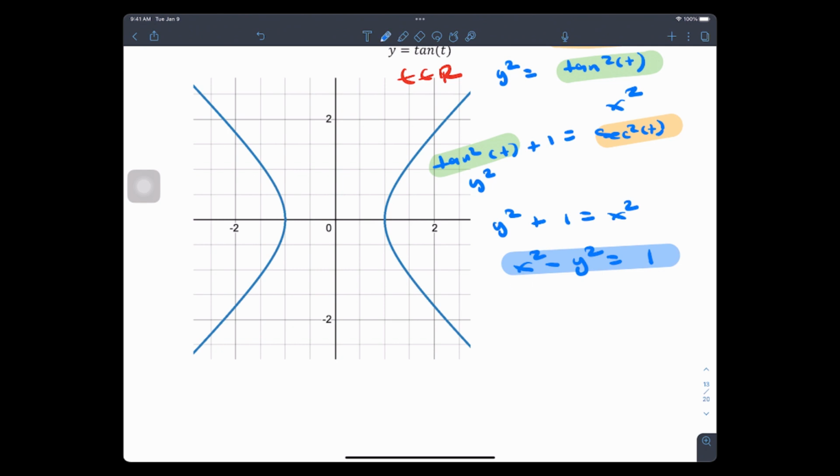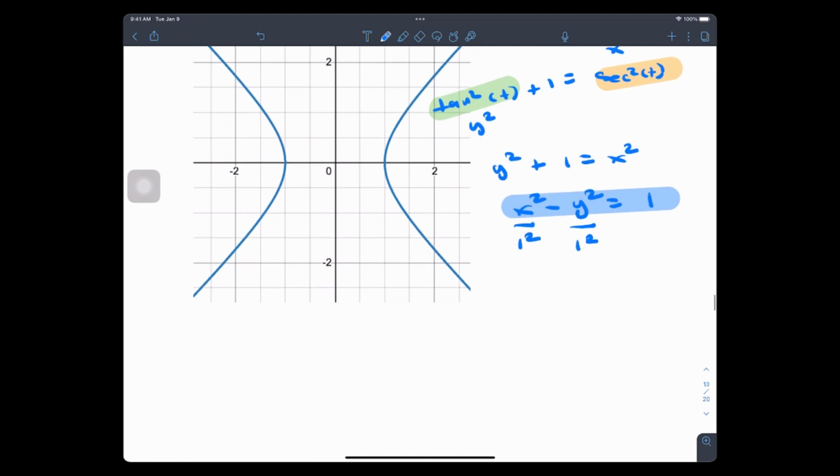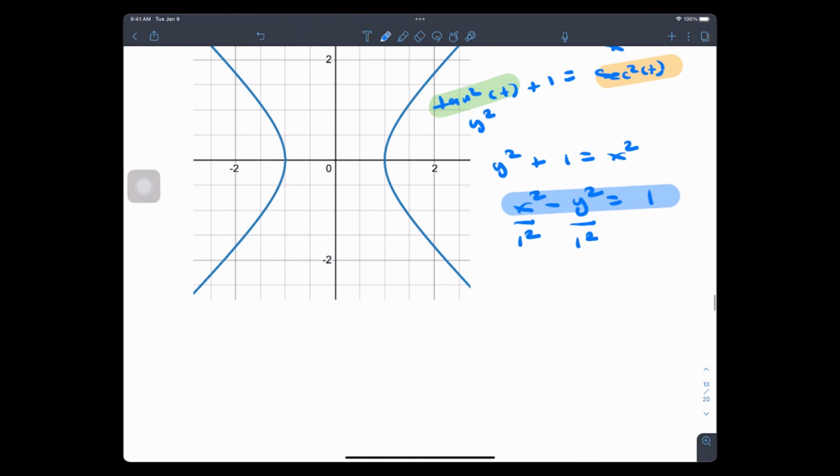You may not agree, but I've said, take a look. Do you agree now? Do you guys remember the general equation of a hyperbola? You learned that in intermediate algebra and in pre-calculus, because it was x squared over a squared minus y squared over b squared. In fact, that's a horizontal hyperbola where a is 1, b is 1.